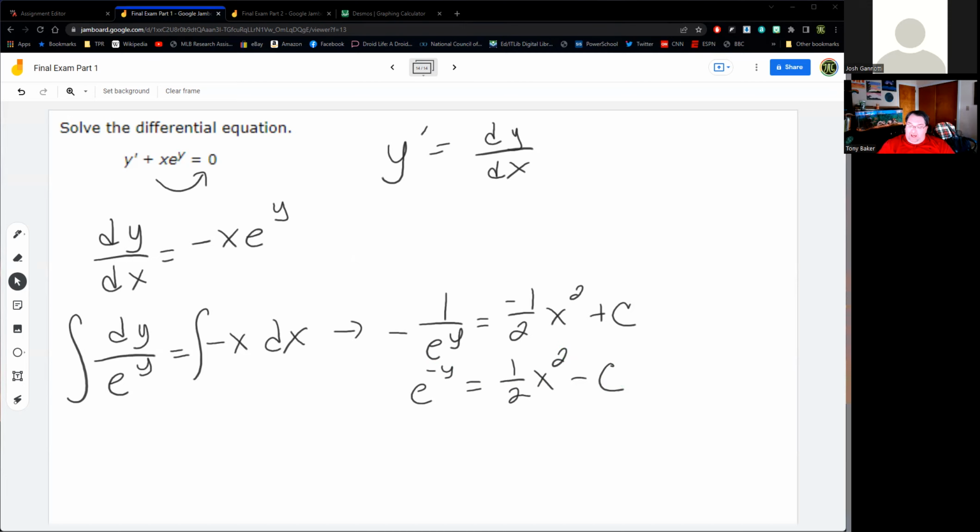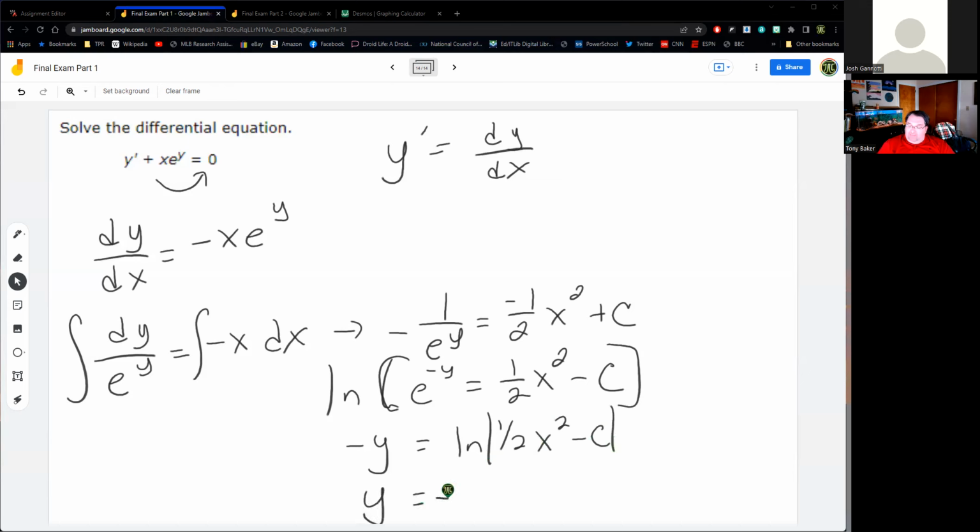So now I'm going to do ln of both sides. So I get negative y equals ln of 1/2 x squared minus c. And I bring the minus sign over, so y equals negative ln of 1/2 x squared minus c.